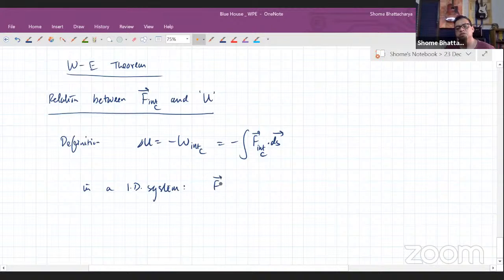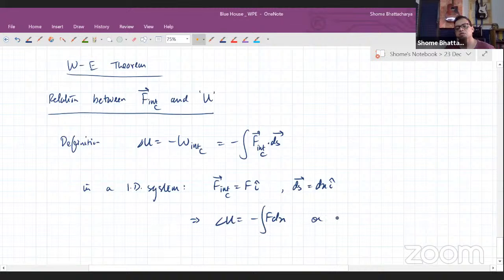So our force is just along the x-axis, and our displacement is also along the x-axis. So the above definition becomes that delta U is minus integration of f dx, or dU is minus f dx.